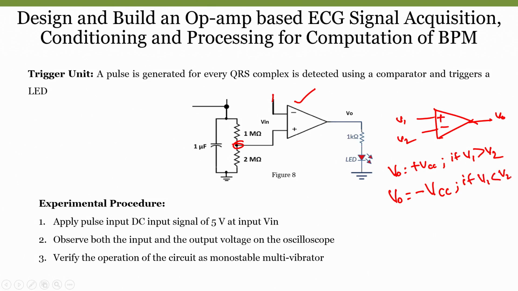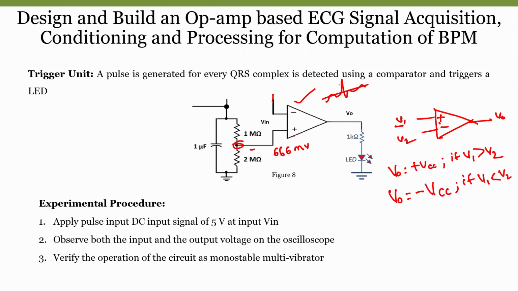Now, in this case V1 is nothing but our threshold. The positive terminal is connected to V1, that means the threshold value is 666 millivolt. And our V2 is nothing but the input signal, the positive PQRS wave, only this particular part.